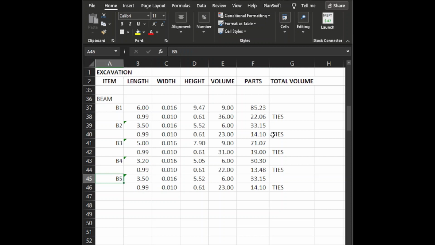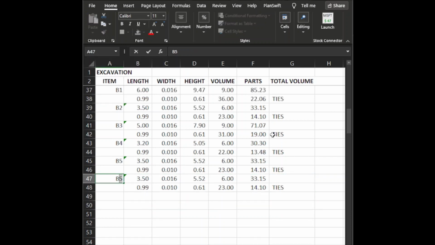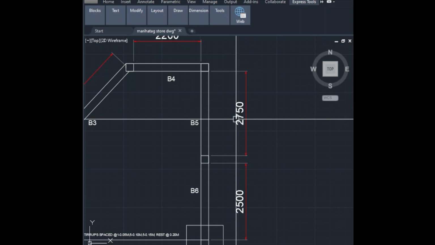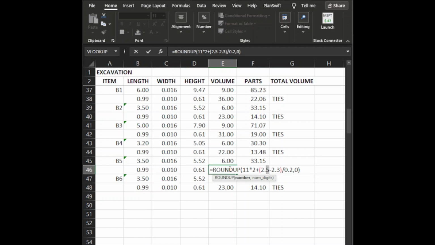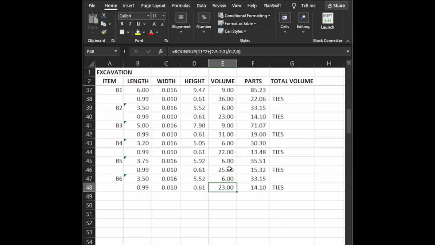Okay, then B6, 2.5 again, the same. Yeah, this one is 2.75. B5 is 2.75. Okay, 2.75 this one. So that is for the beams.